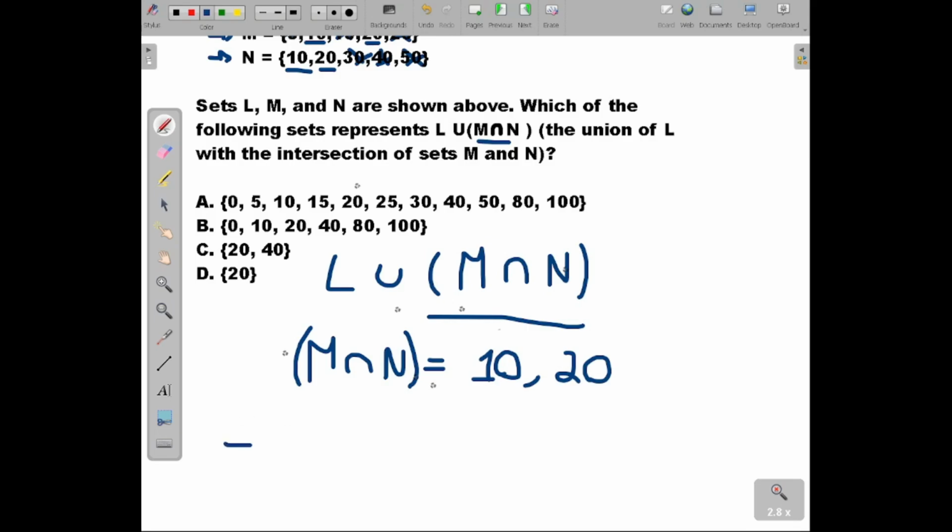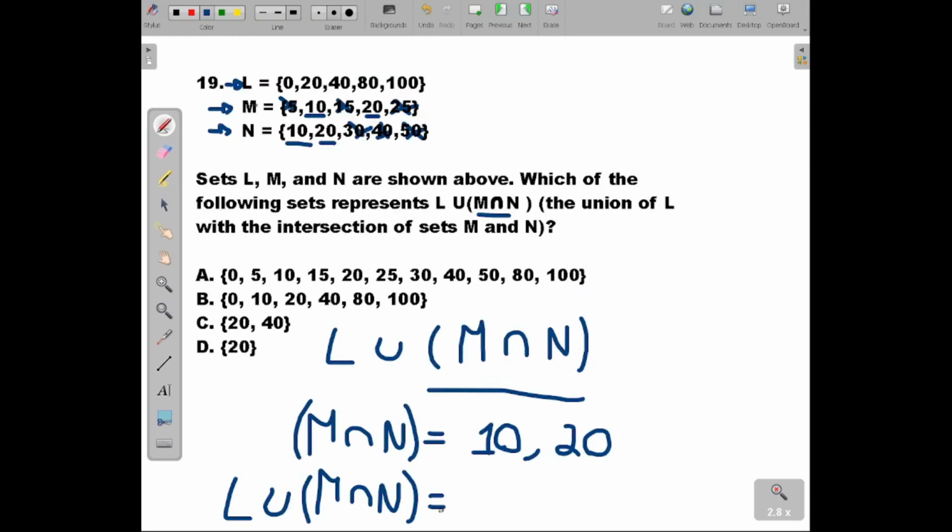So the union of the set we just found, the union means that we have to put together all elements from both sets.